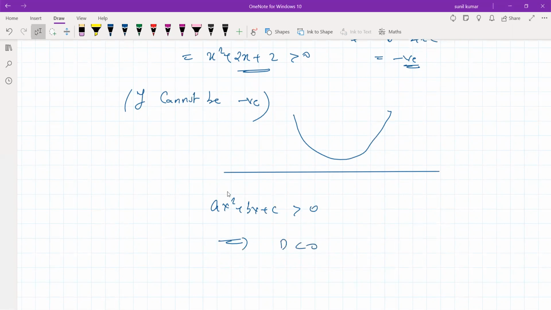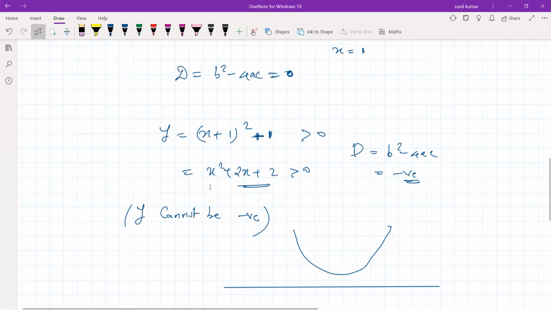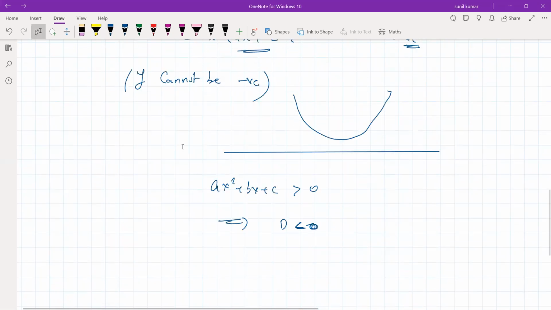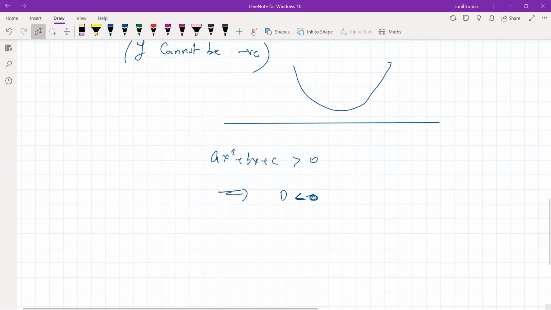So x plus 1 whole square plus 1 is greater than 0, I am taking an example. Now y equal to x plus 1 whole square plus 1 is positive, x square plus 2x plus 2. So whenever the expression is positive, the discriminant is negative.